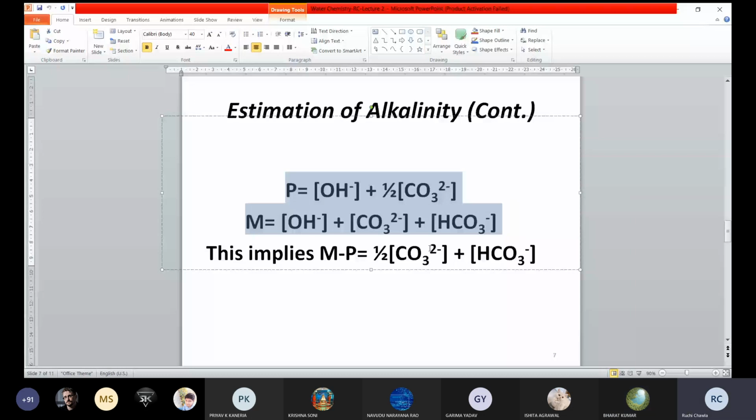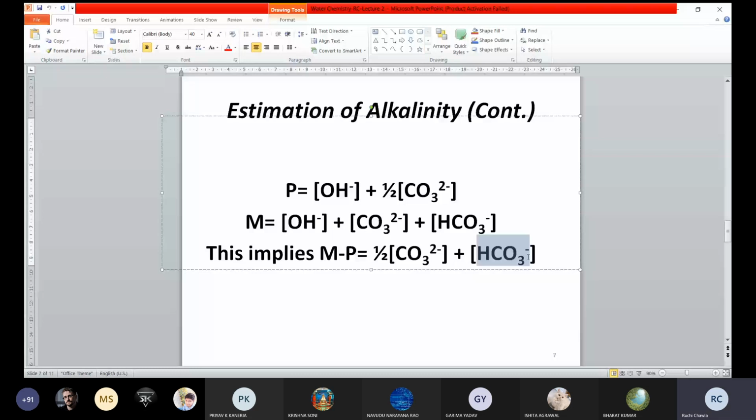So if M minus P is 0, which type is it? Only hydroxide, because carbonate and bicarbonate will be 0. M minus P is 0, so carbonate and bicarbonate are 0, and hydroxide will be given by what?